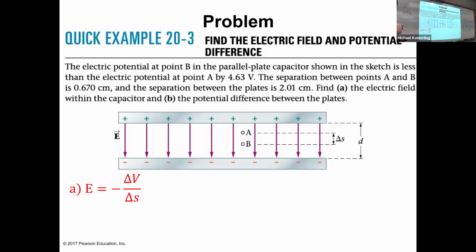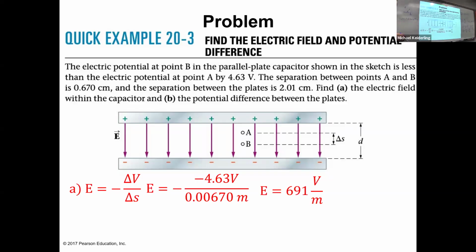So it's minus 4.63 volts over 0.00670 meters. So the electric field is 691 volts per meter from the positive plate to the negative plate.